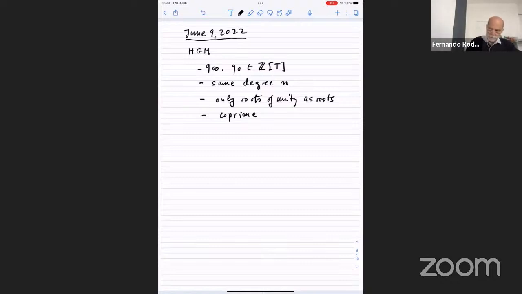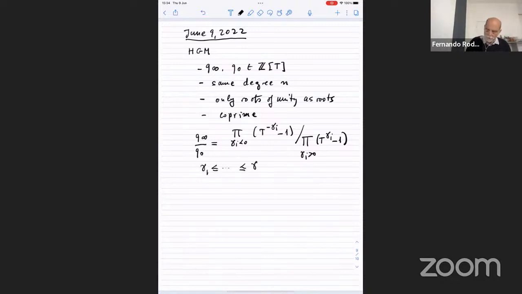In fact, a second completely equivalent form of giving this data, which I will use more than the previous one, is this: since the roots of these polynomials are roots of unity, we can rewrite the quotient as a product ratio of simple factors like this, where we can pick these integers to be in non-decreasing order, since the order of them doesn't matter.